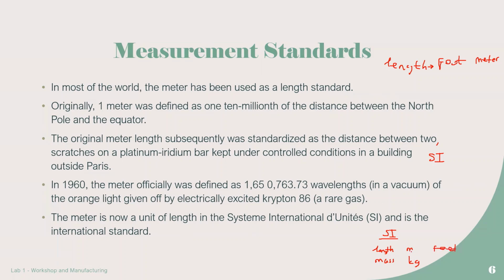It is meter. For mass, it is not pound, it is kilogram. Okay? Mostly, we're going to be using SI in this course and in other engineering courses. Also in manufacturing, SI units are highly used too.